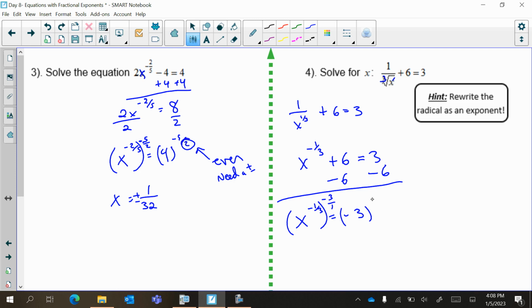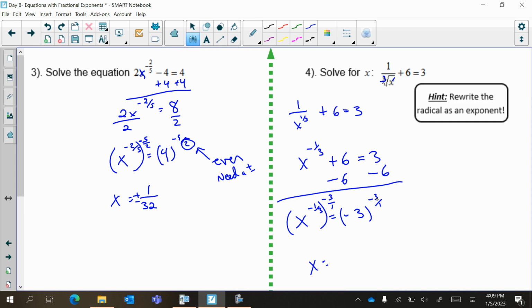Now, our exponent started as negative, so make sure that your exponent stays negative. -3 to the -3rd power. Now, this will stay negative because negative exponents don't change the sign of your answer. But because we have a negative exponent, we will have a fractional answer here.